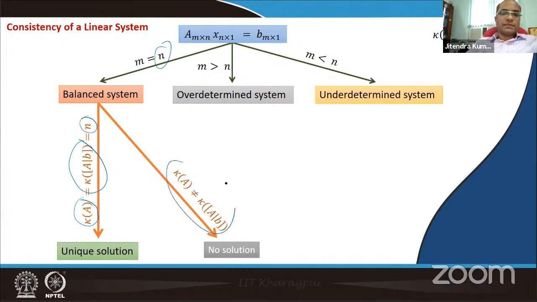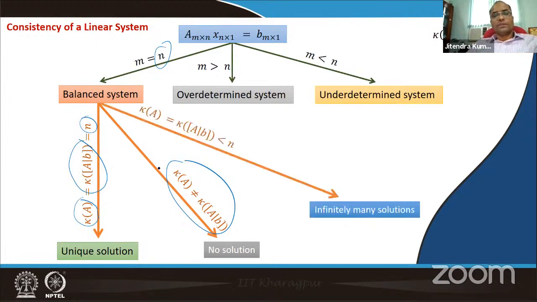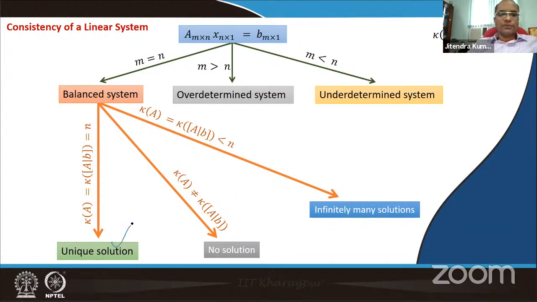When the two ranks are not equal, the system has no solution. And when the two are equal but less than n, the system has infinitely many solutions. So these are the situations where we have a unique solution, no solution, or infinitely many solutions.